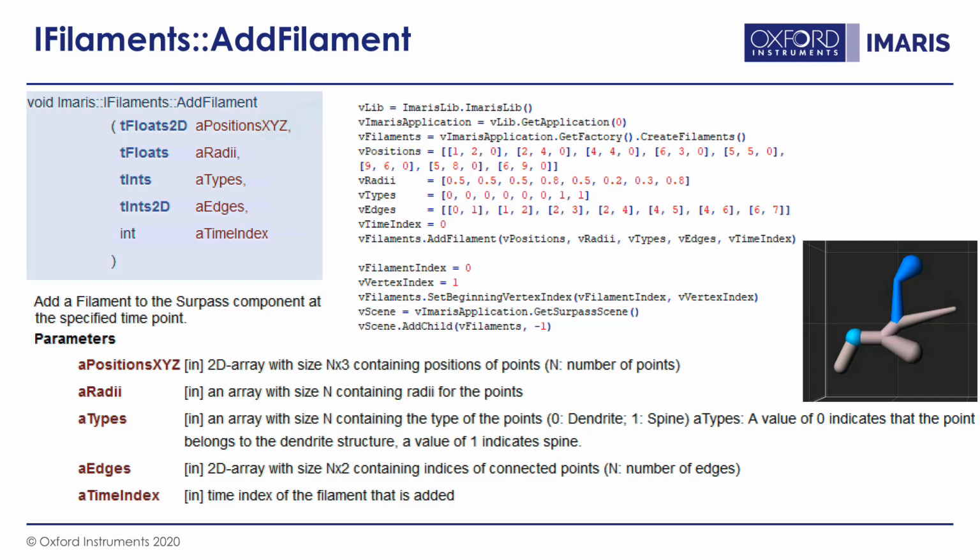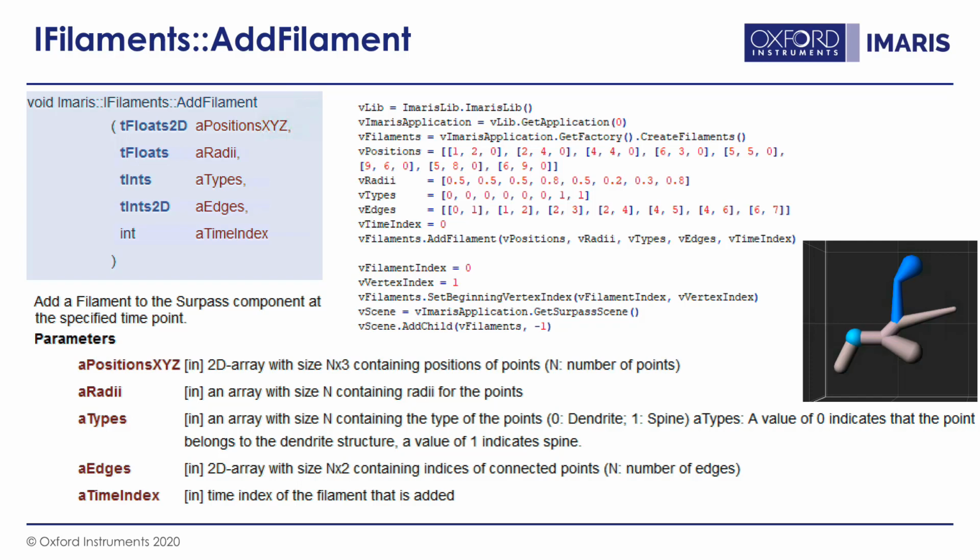You need to provide positions, radii, types, edges, and a time index. Again, you have a description of what the method does: add a filament to the Surpass component at a specified time point, and a description of the parameters.